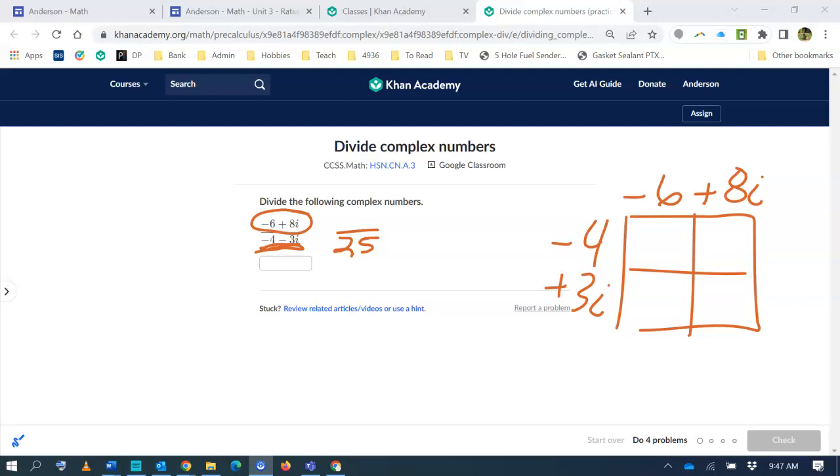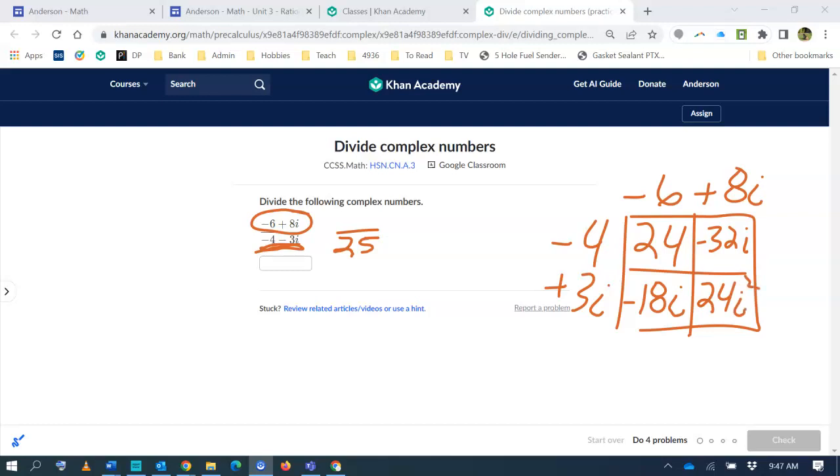And we do the math again. -4 times -6 is positive 24. -4 times 8i is -32i. -6 times 3 is -18i. And then finally, 3i times 8i gives us 24i squared.